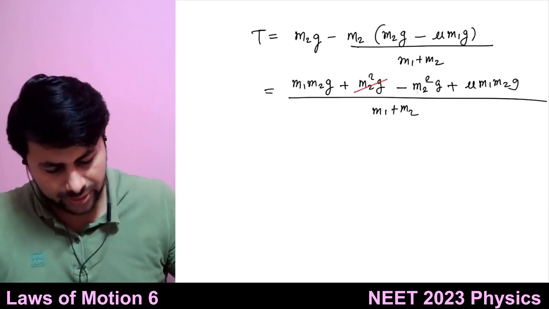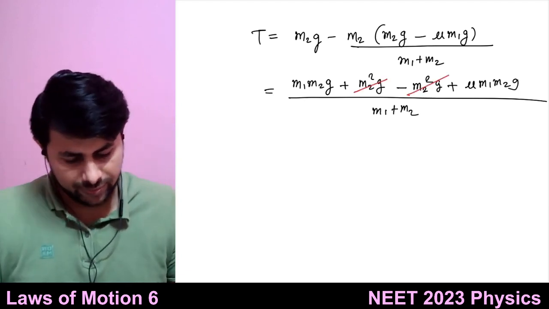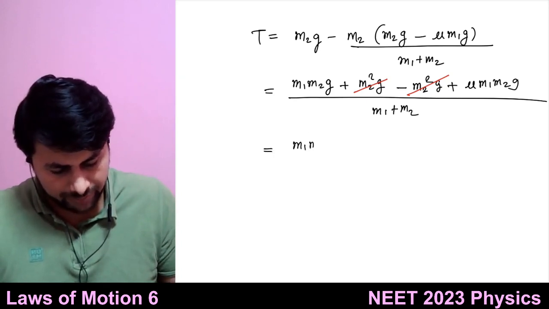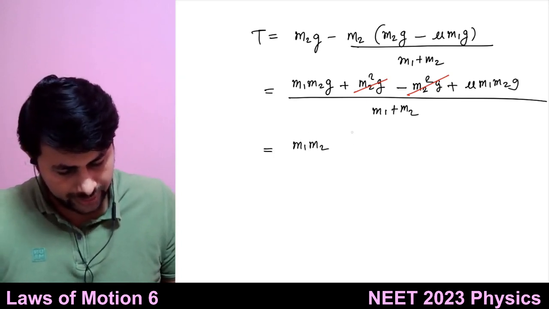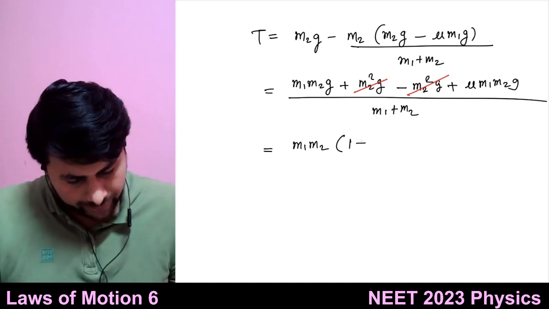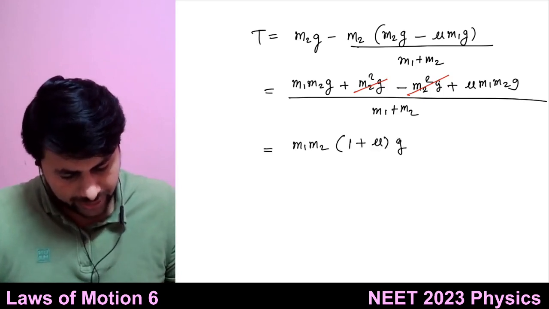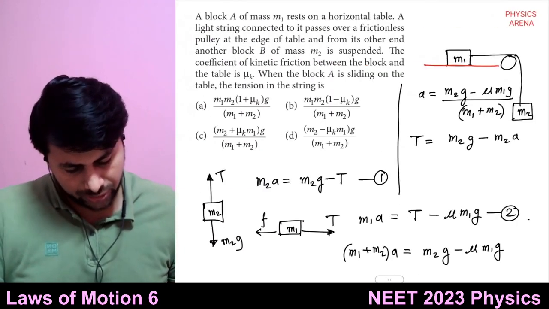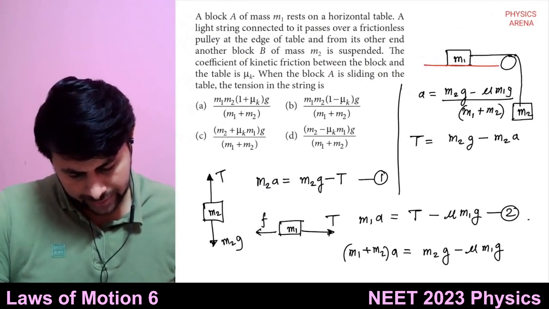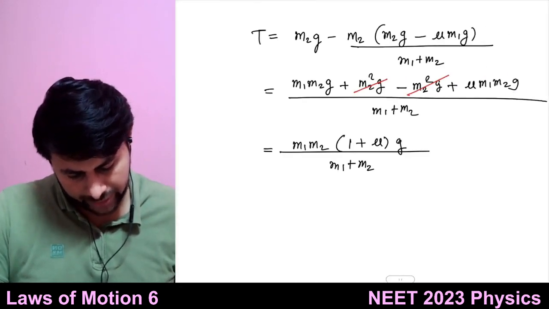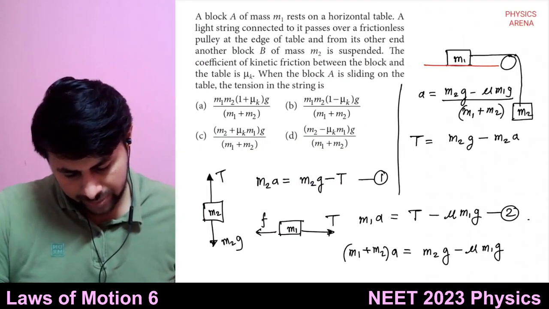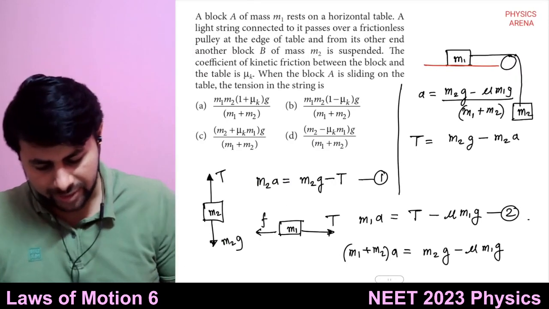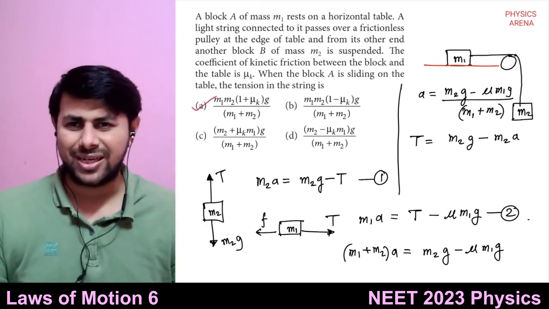Slightly lengthy question. This thing gets cancelled out. M1 M2 you can take common. So M1 M2, 1 plus mu times g, divided by M1 plus M2. I think this should be the answer. So it is M1 M2 (1 plus mu) g divided by M1 plus M2, option A, right? If plus minus everything is correct, option A is the answer.